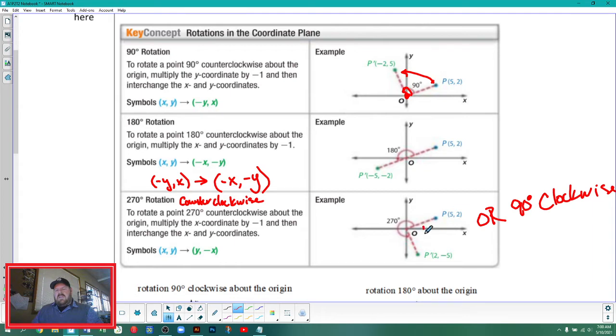It would be the same as a 90-degree rotation clockwise. So you should be able to understand that in either way.